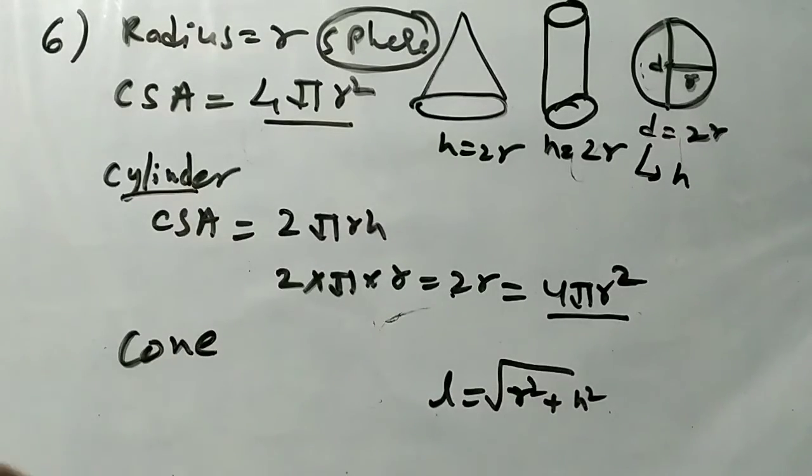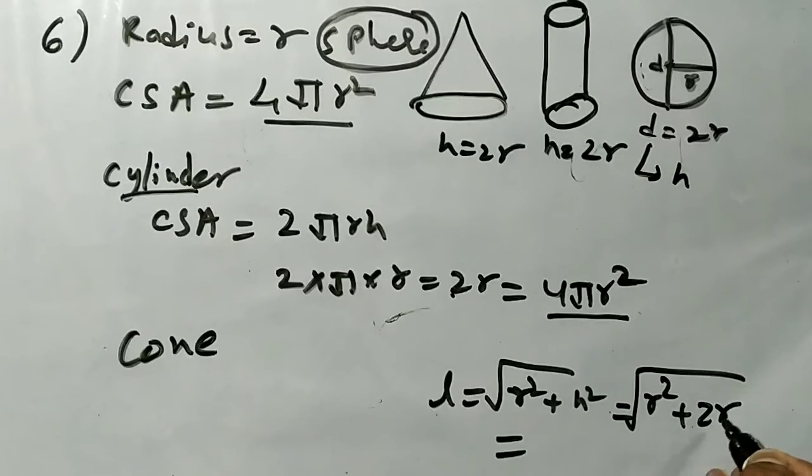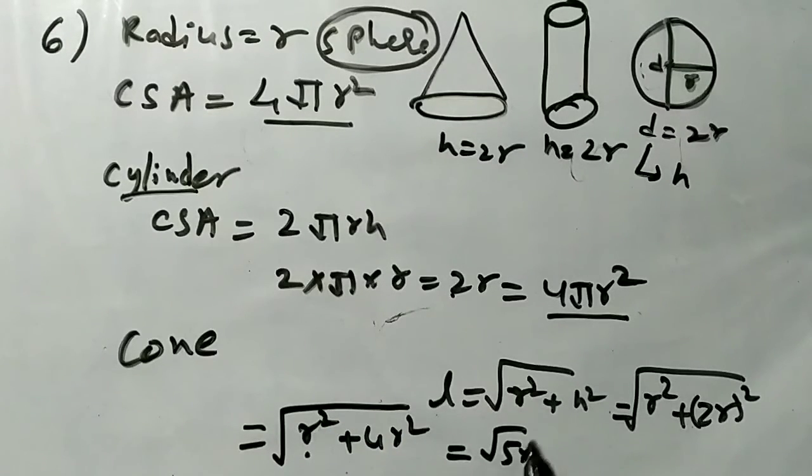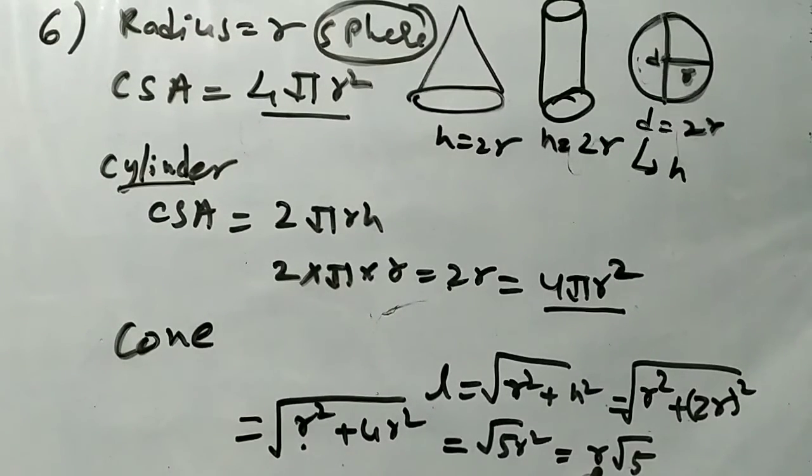Here H is equal to 2R, so L is the square root of R square plus 2R whole square, which is R square plus 4R square. So 4R square plus R square is equal to 5R square. The square root of 5R square is R root 5. So we got L is equal to R into root 5.